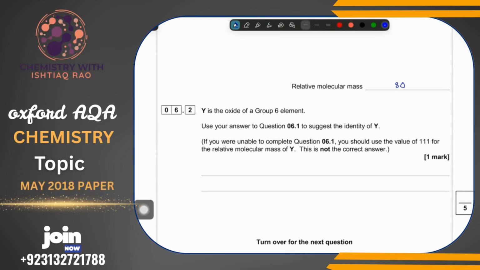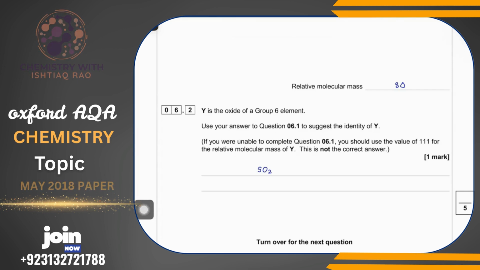First of all, what would be the formula for the group 6 oxide? Oh wait, it's an oxide. Oh, okay. SO2. So is the molecular mass matching with SO2?